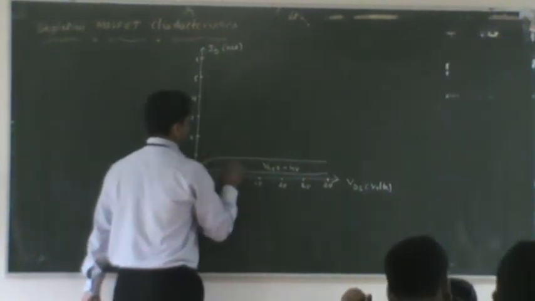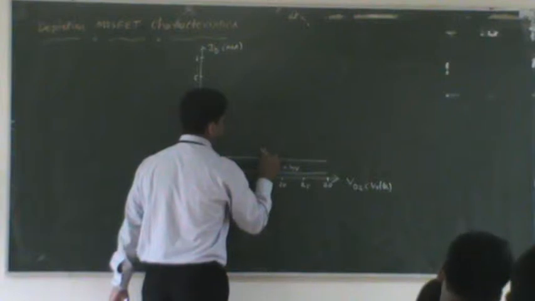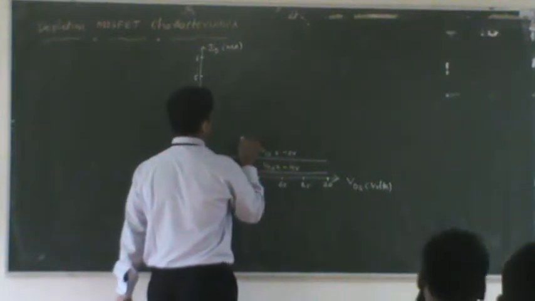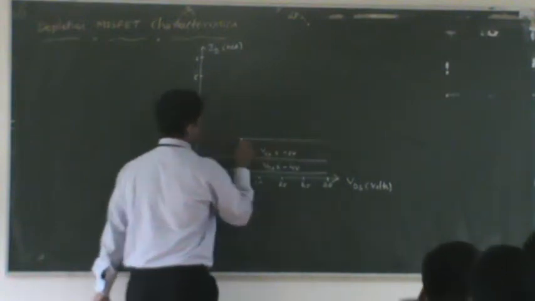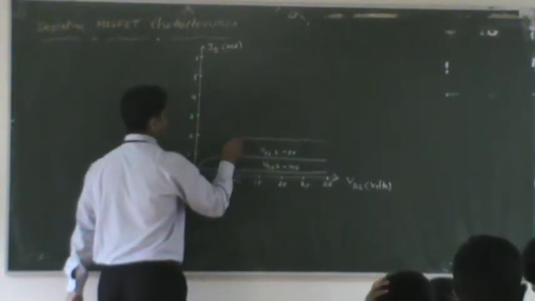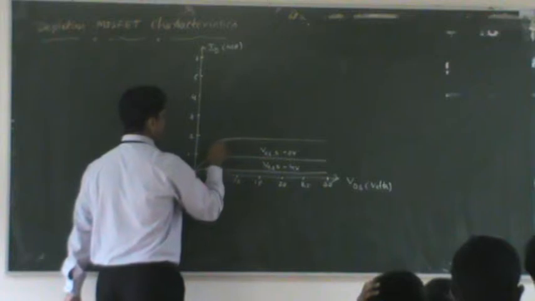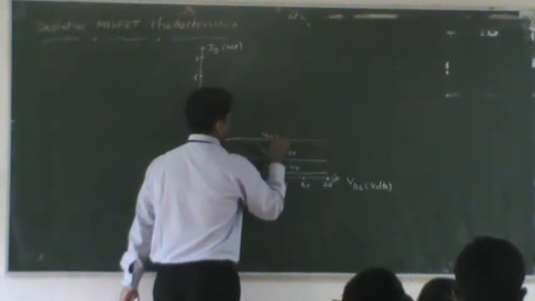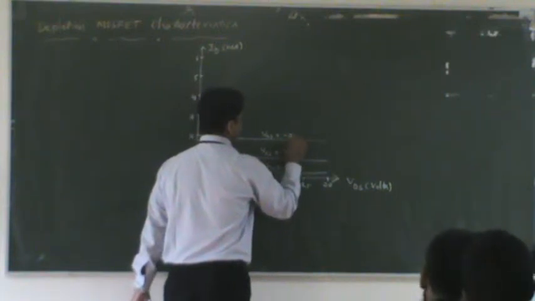You have to show some positive values as well as some negative values. This is VGS equal to minus 3 volts. This is VGS equal to minus 2 volts.